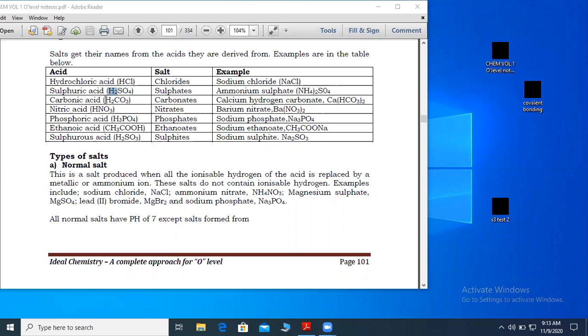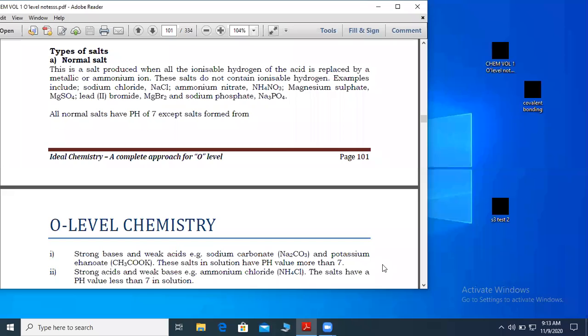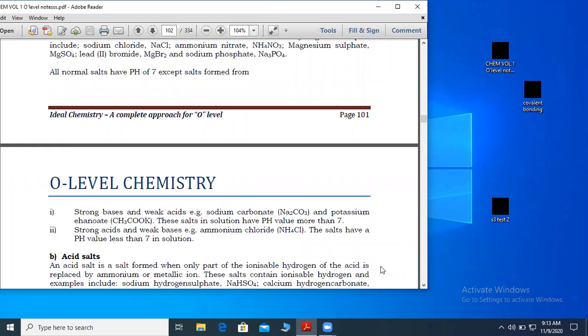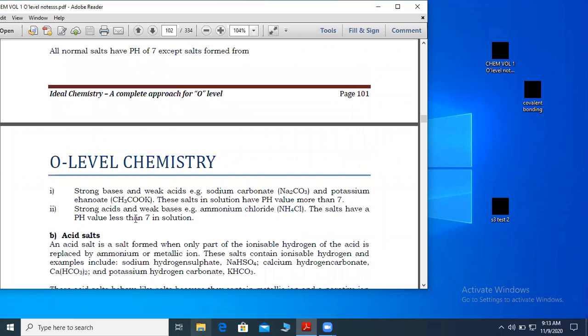Now, this is carbonic acid. If one hydrogen is replaced by calcium, we form calcium hydrogen carbonate, and that will also be an acid salt. So, acid salt, we are saying it is the salt formed when only part of the ionizable hydrogen of the acid is replaced by a metallic or ammonium ion.